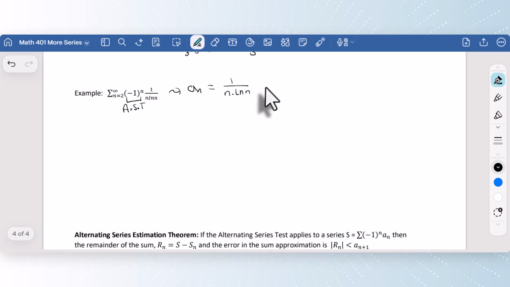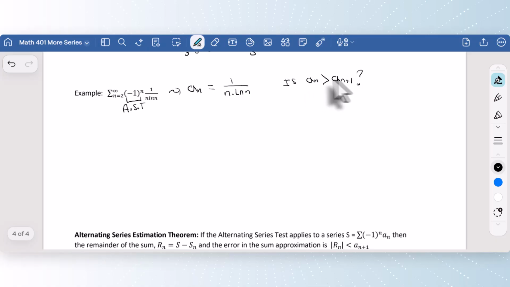And so I have to check, is it decreasing? So is a sub n bigger than a sub n plus 1? I guess that should have been an is, not does. So is a sub n greater than a sub n plus 1? This essentially is telling me a sub n plus 1 is the next term, right?